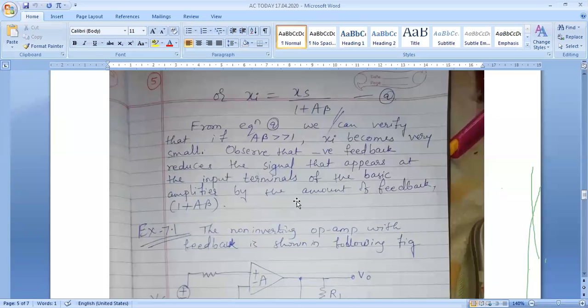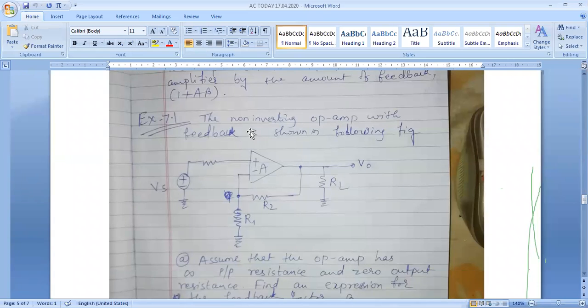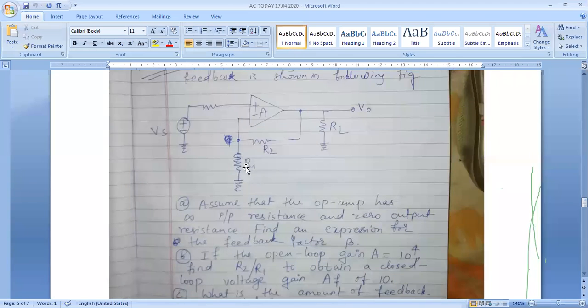So now let us solve one problem here. This is an exercise problem he has given, and he has given the answers also. The problem is: the non-inverting op-amp with the feedback is shown in the figure. R2 is the feedback resistor and R1 is the input resistor.